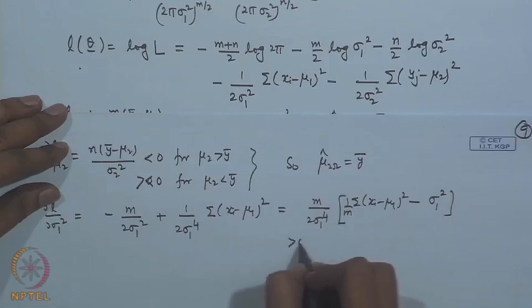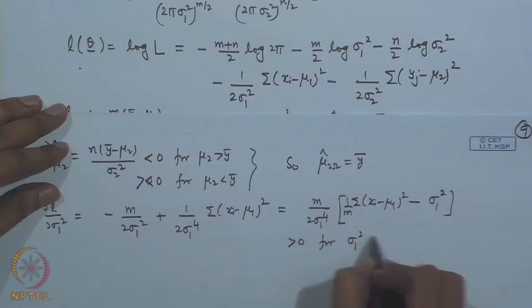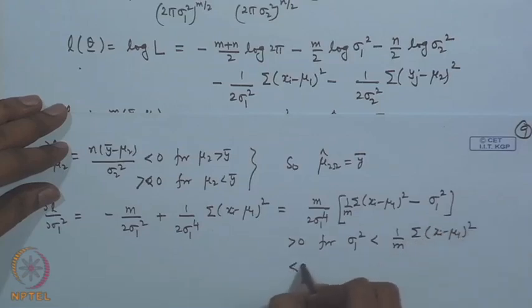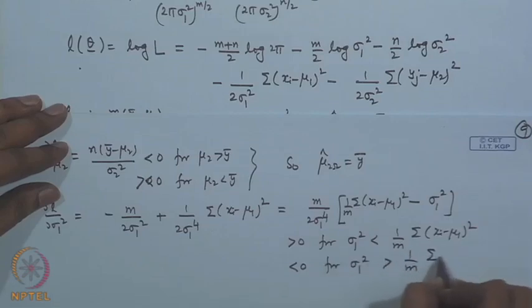So, this is greater than 0 for sigma1 squared less than 1 by m sum of (xi minus mu1) squared, and less than 0 for sigma1 squared greater than 1 by m sum of (xi minus mu1) squared.